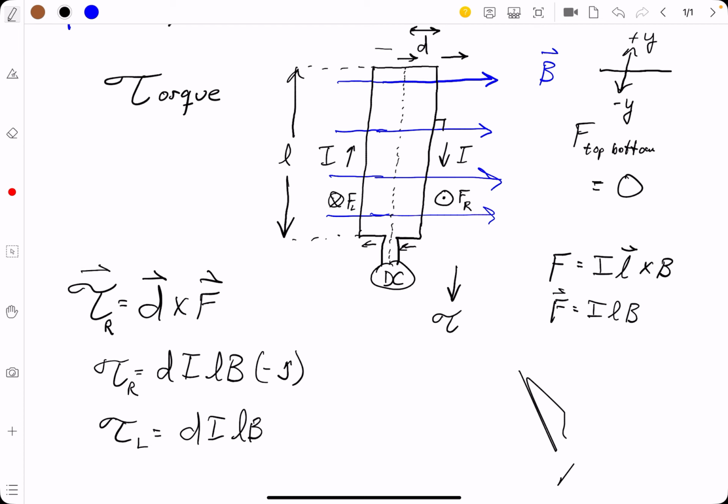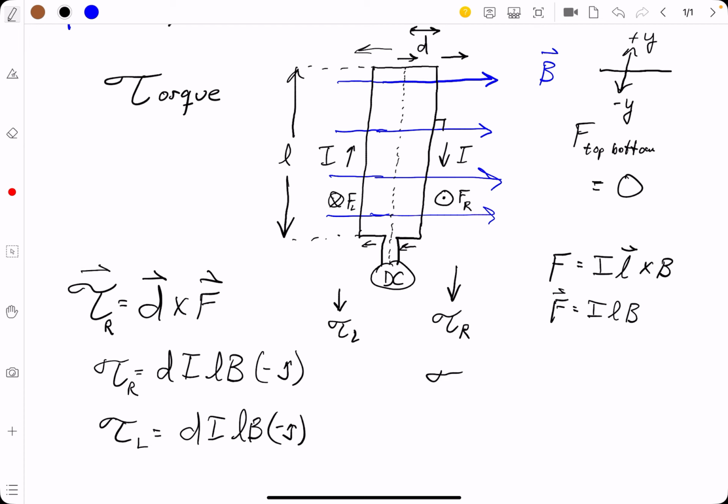And then, of course, our D is pointing in that direction. So when we go to do D cross F, we have D cross F, and it's also pointing. So this is on the right side. Our torque is pointing down on the left side, which is also minus J. Now, the whole thing is a system, right?